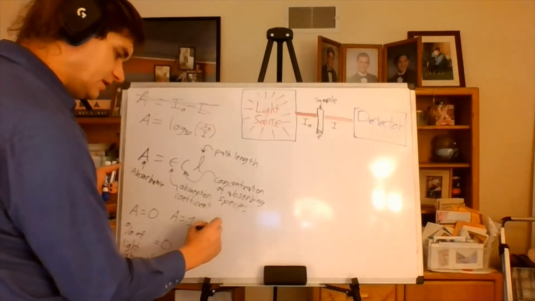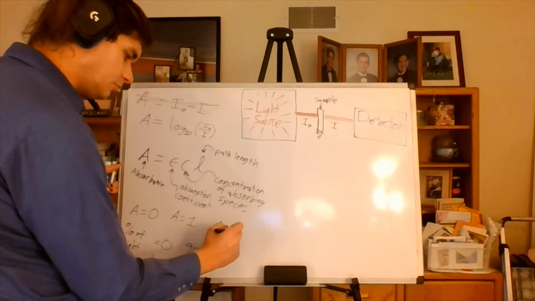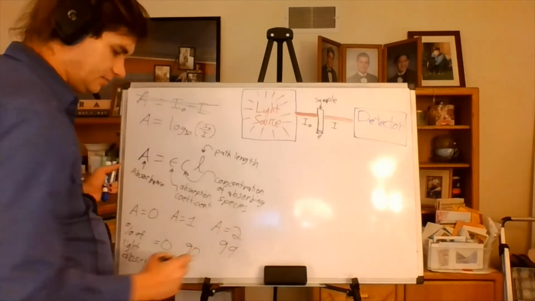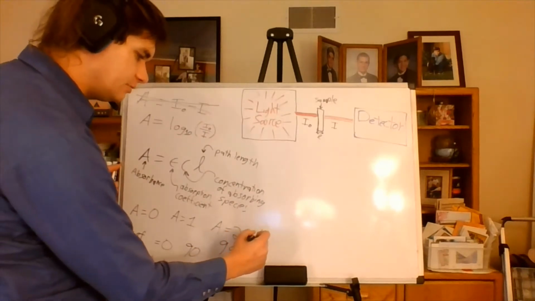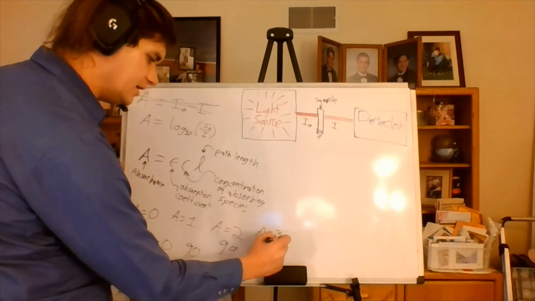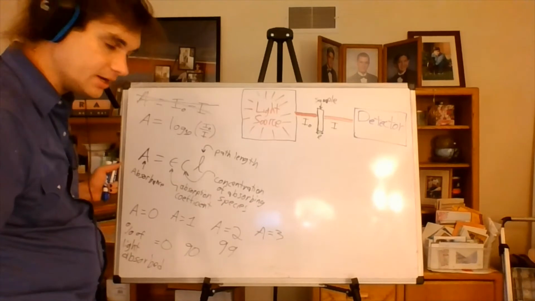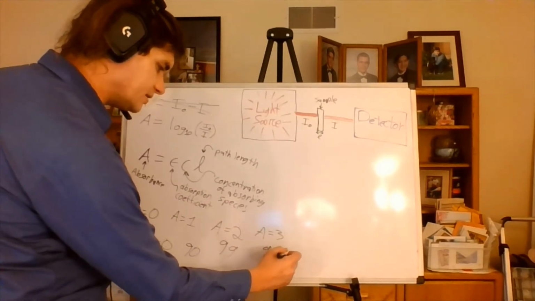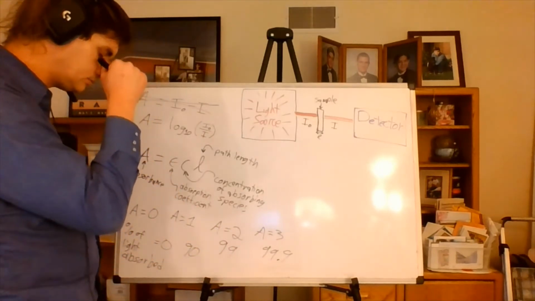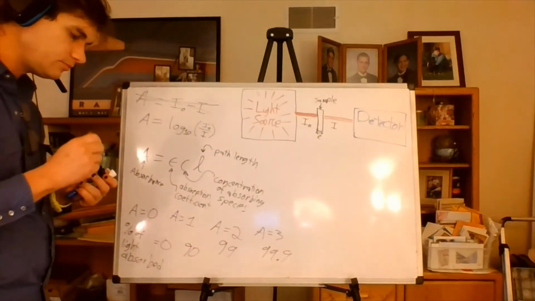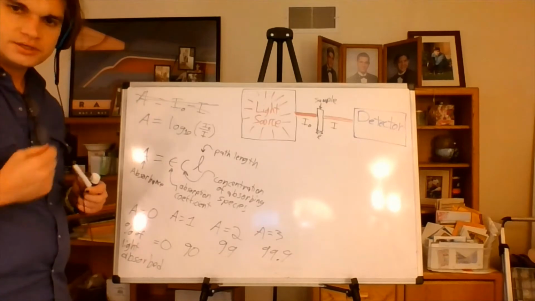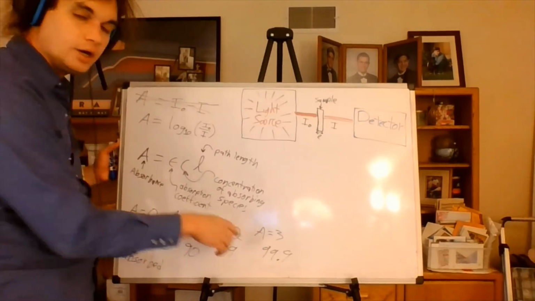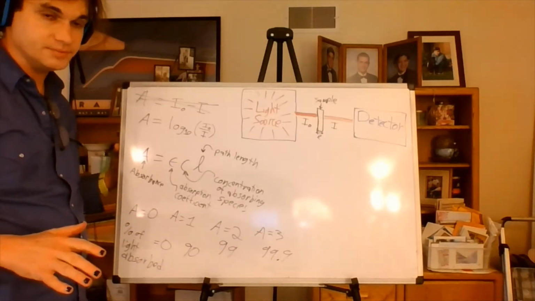If the absorbance is equal to 2, the percent of light absorbed is 99. If the absorbance is equal to 3, well then the percent of light absorbed is 99.9. So at some point, absorbance becomes very, very hard to measure.